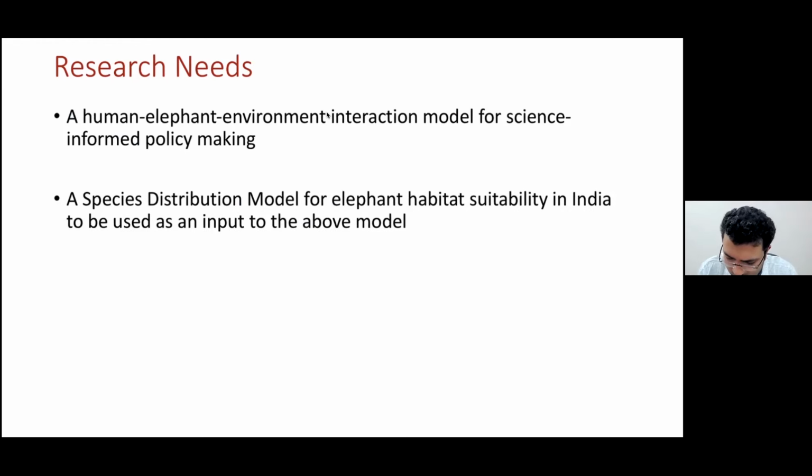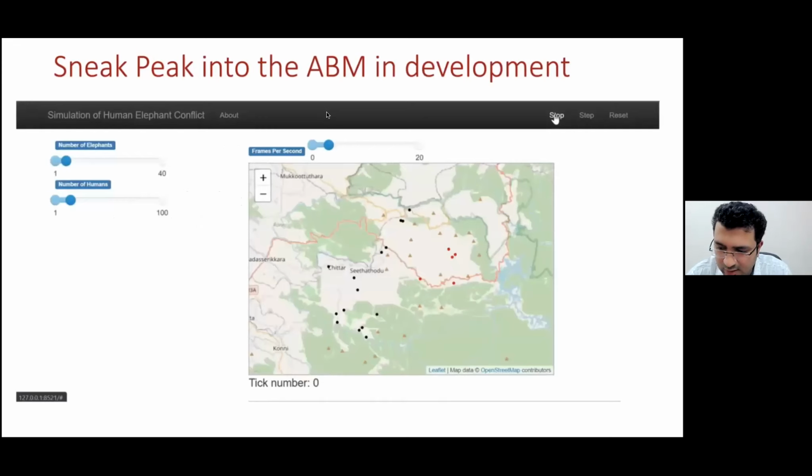So I will show you a sneak peek into the agent-based model that we are developing. So this is a village in Western Ghats. And what you see, this is a movie. So the black dots are humans, the red dots are elephants. So as time goes, the elephants and humans move, and these are like food for the elephant to eat.